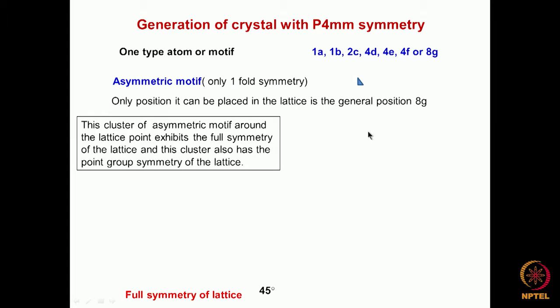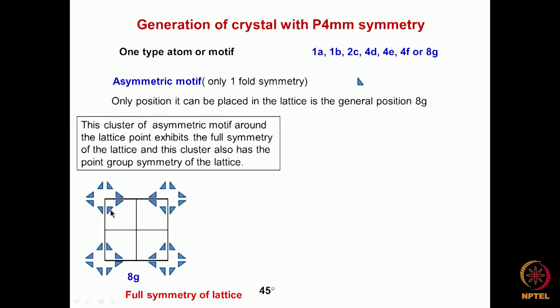So to exhibit the full symmetry, if we keep this motif at any particular point, to satisfy the full symmetry of the lattice, it has to be kept at some specific, equivalent positions. This is the general position, which you see in the International Crystallography tables, and the graphical representation is also shown.